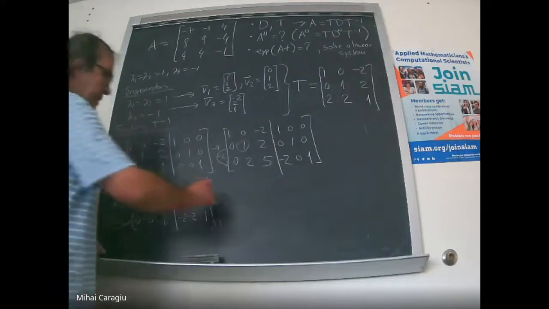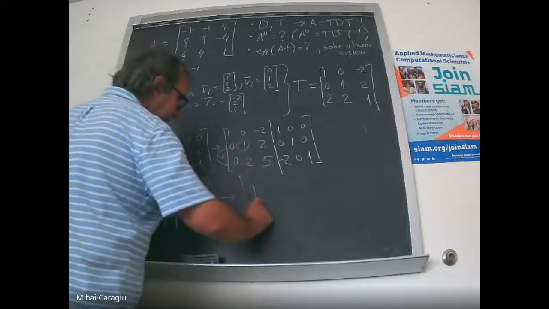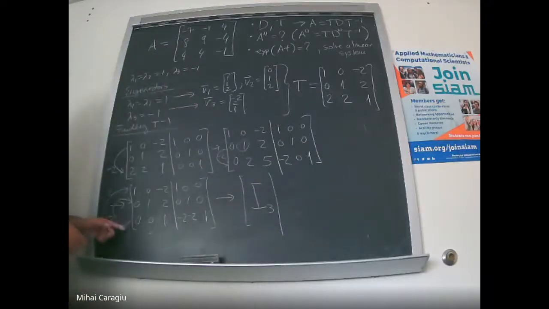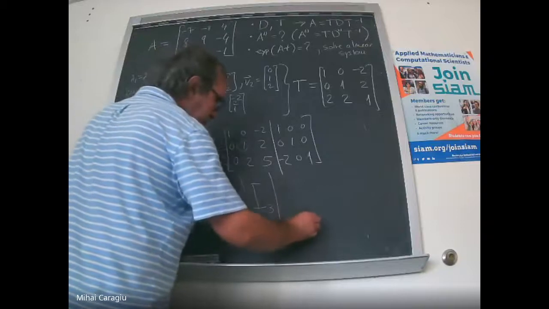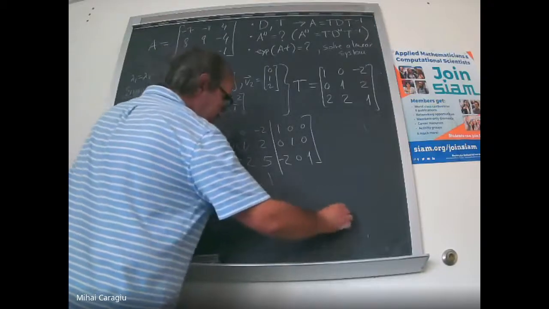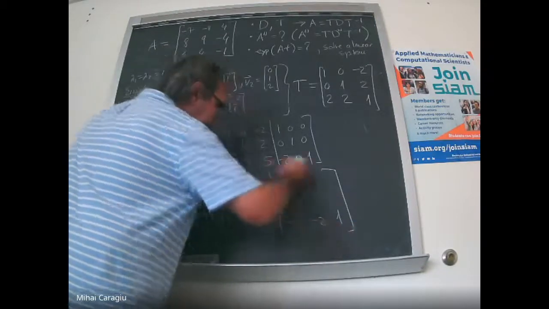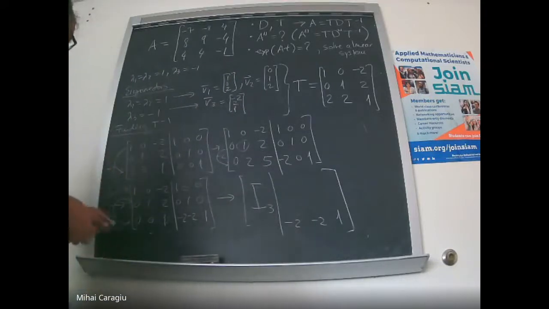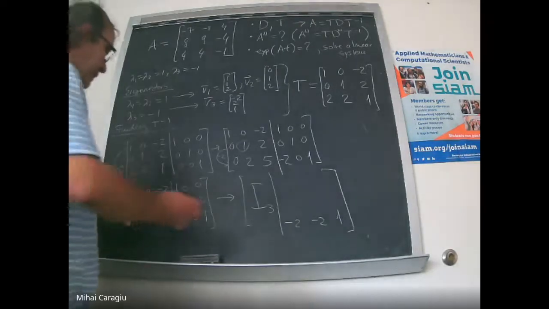I'll not write it, I'll just say you will get identity matrix I3 here, and see what we get on the right. If we do those two elementary row operations, the last row remains the same, minus 2, 1, after the bar. Okay, now let's see. Multiply the third row by minus 2 in the second row. So I get here a 4.